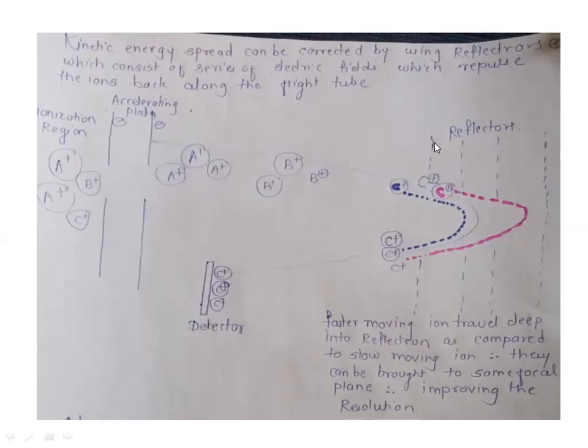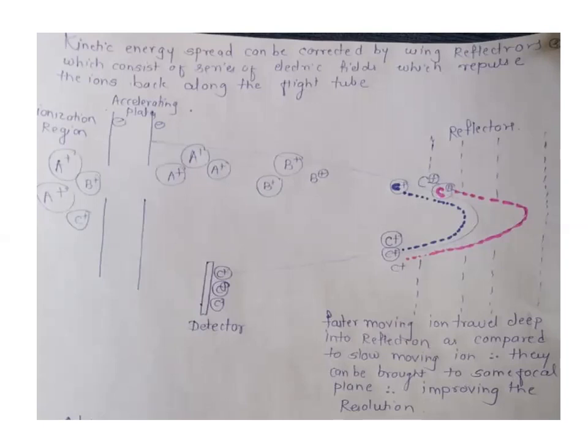Finally, they are striking the reflectron. Now here this C ion has a higher kinetic energy, so it is going to travel deeper into the reflectron. So it's going to take a longer path in comparison to the other ion, which is lagging behind with less kinetic energy, so it's going to penetrate only a little bit.